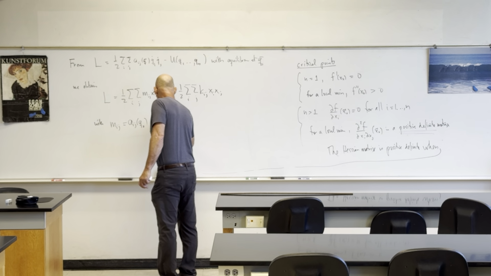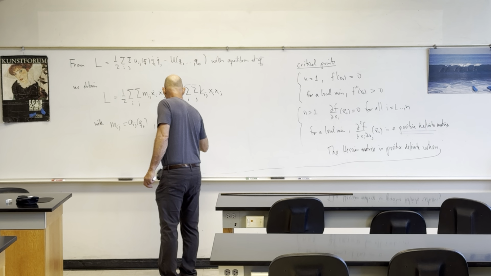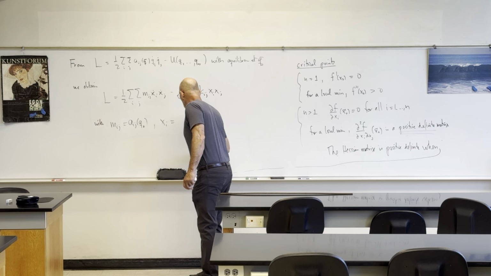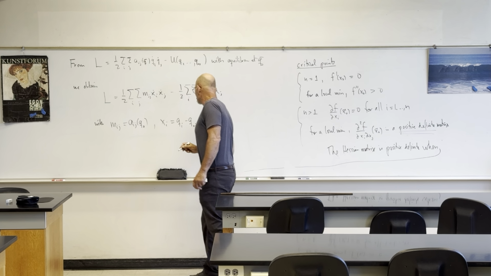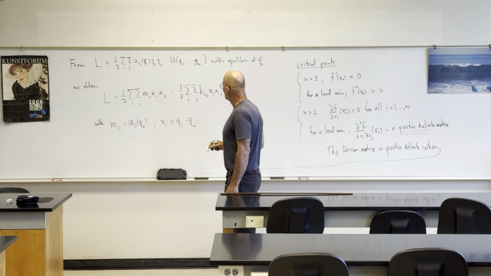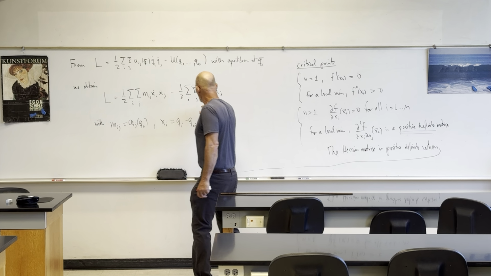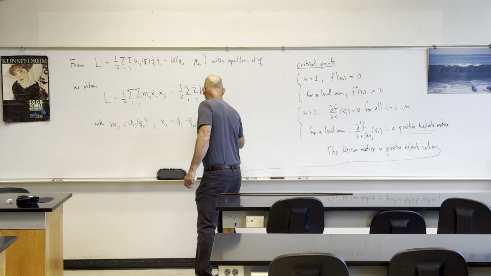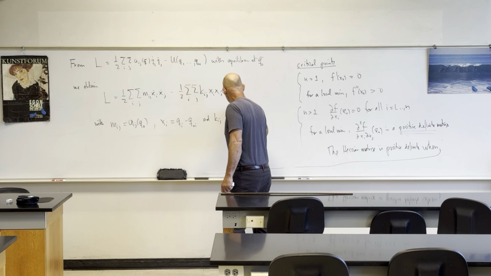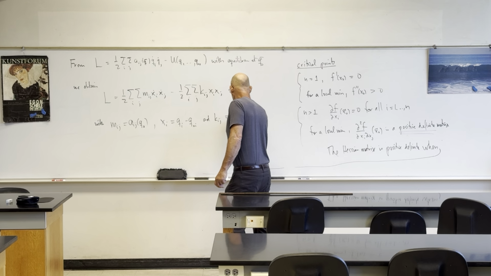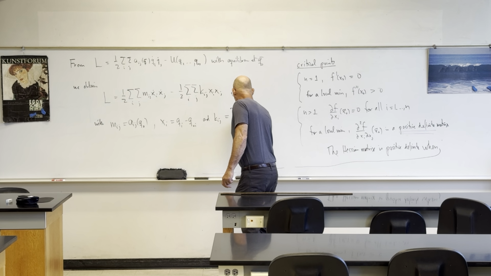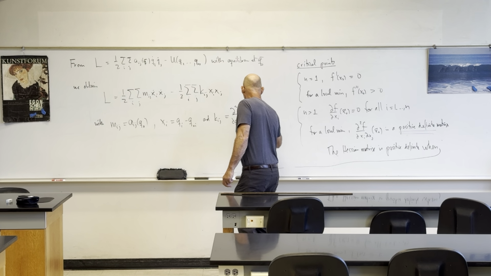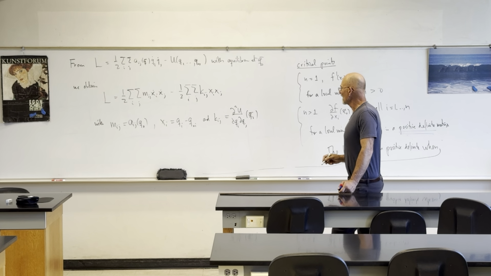So we get the small oscillations form. We have x_i is the small quantity q_i minus q_0i. And what's missing here? The K_ij, and K_ij equals the second derivative with respect to q_i, q_j, evaluated at q_0. I really like this form.